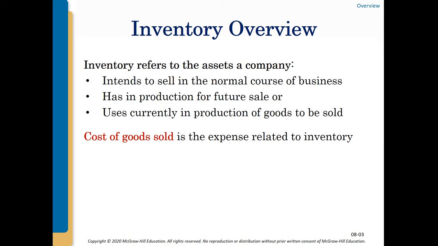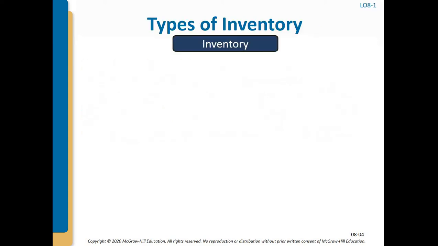This one is a little bit different. It is saying uses, meaning the inventory is used currently in the production of goods to be sold. It means the raw materials inventory. Cost of goods sold is the expense related to inventory. We'll discuss it.